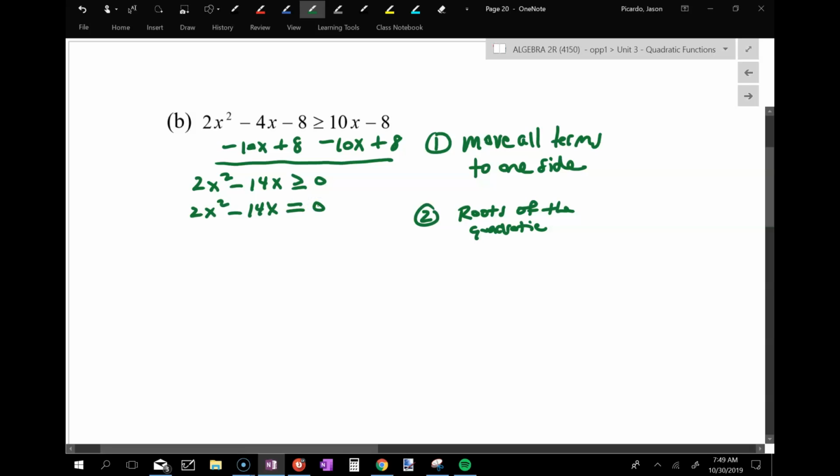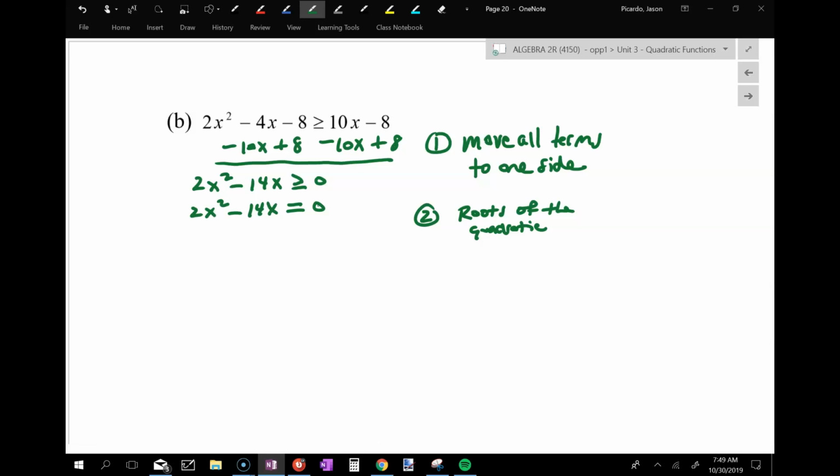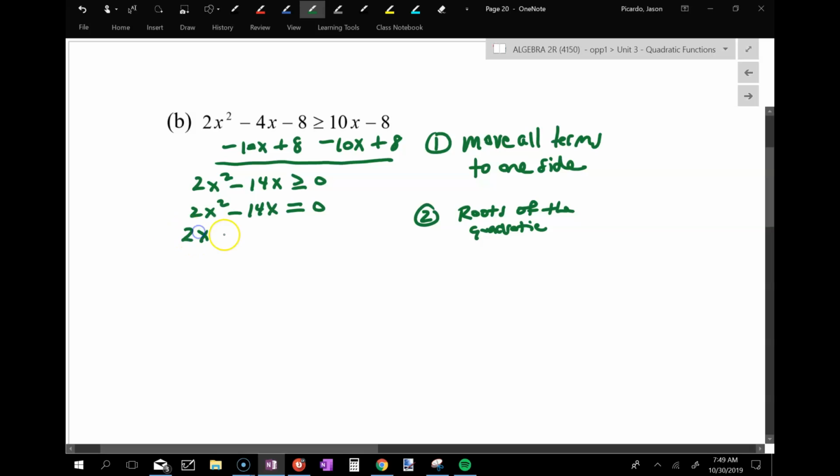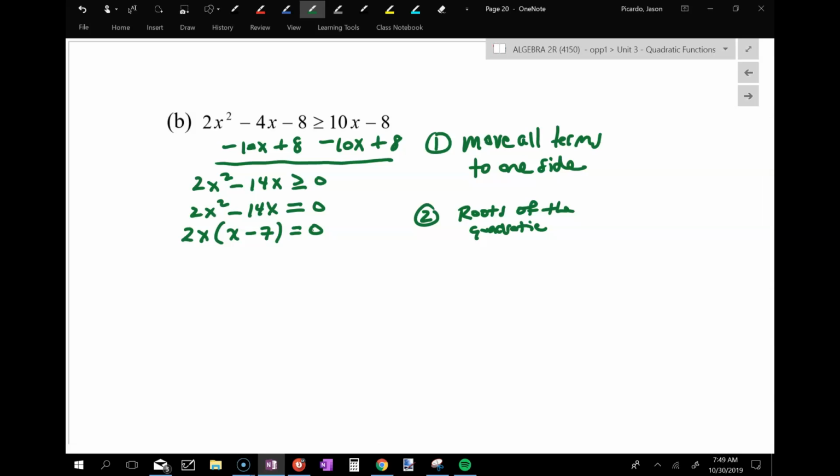All right, what's my first step to finding roots? Oh, let's get it equal to 0. Did that. Second step is to factor it. When I factor, I always look for a GCF, and in this case, I have a GCF of 2x, which leaves me with an x minus 7, right? I ask leading questions for purposes, guys. How many factors do I have? 2 factors, right?